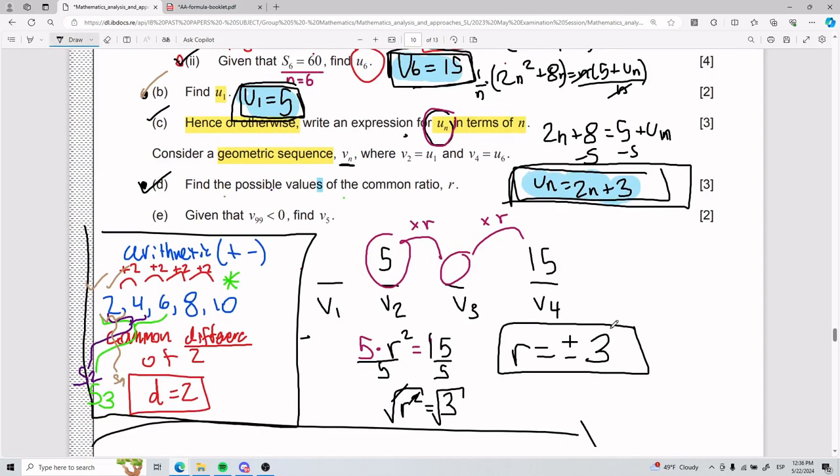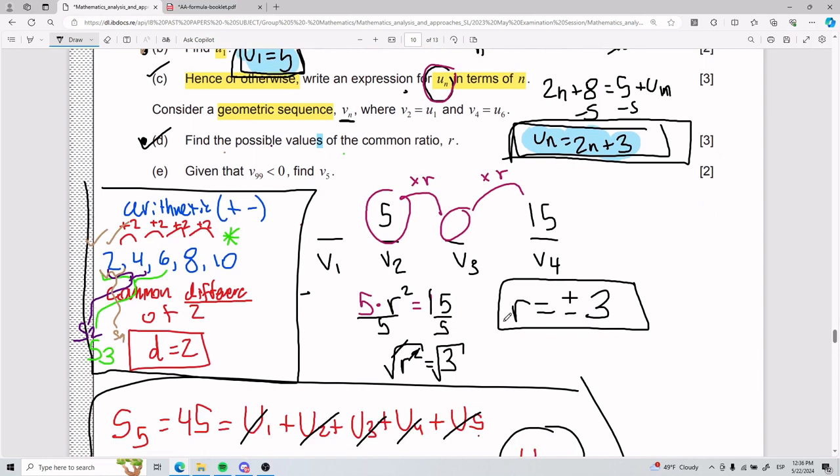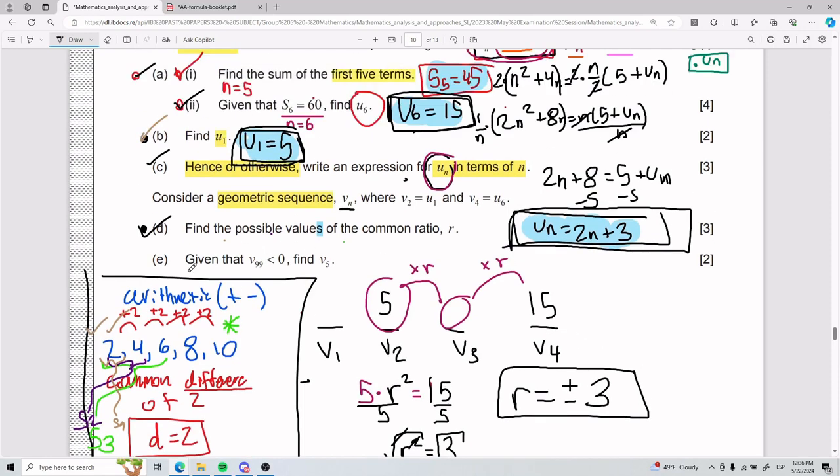For your geometric sequence, r can be positive or negative. You haven't discovered yet if r is negative or positive, and this information here is a big hint to see which it is.